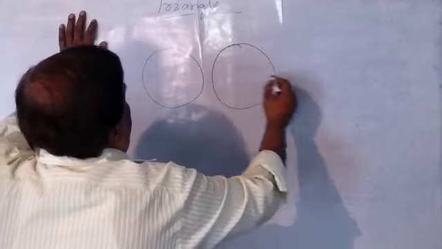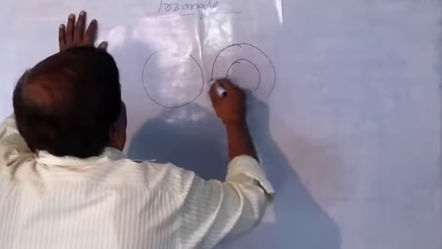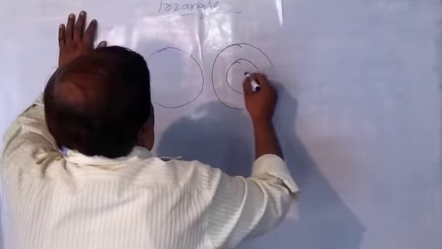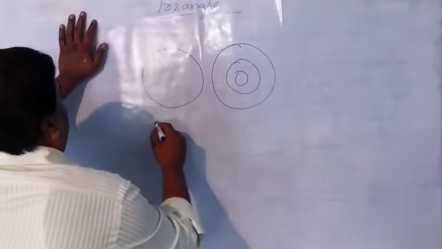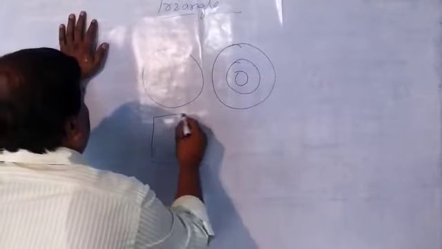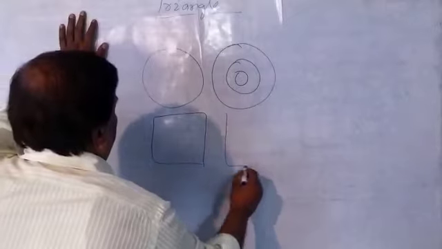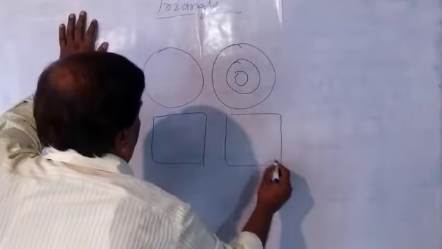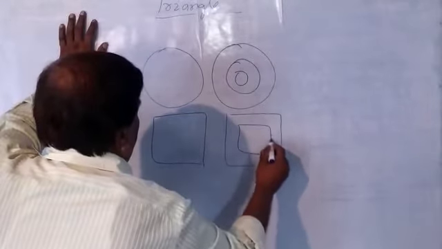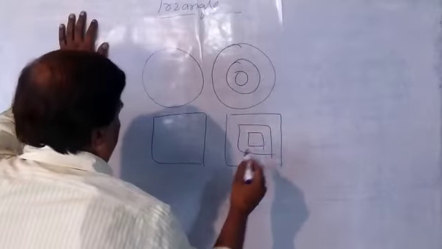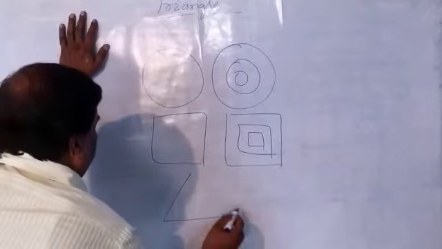There are some circles. There are some squares. There are some equilateral triangles.